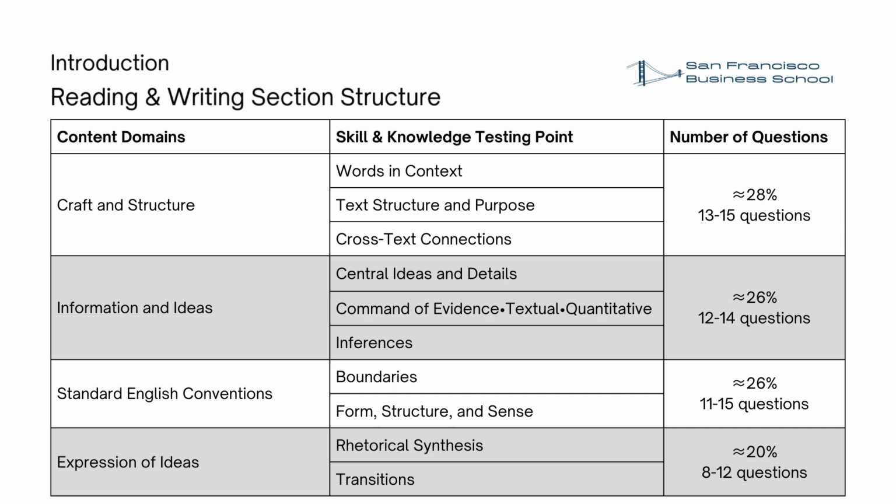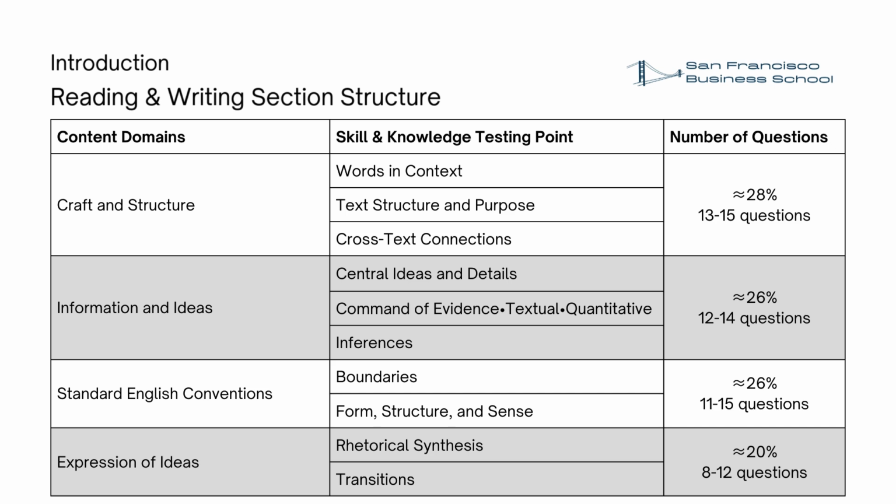The craft and structure content domain has 3 skills and knowledge testing points. These are words in context, text structure and purpose, and cross-text connections. Roughly 28% of the questions in the reading and writing section will come from the craft and structure content domain. That makes around 13 to 15 questions.